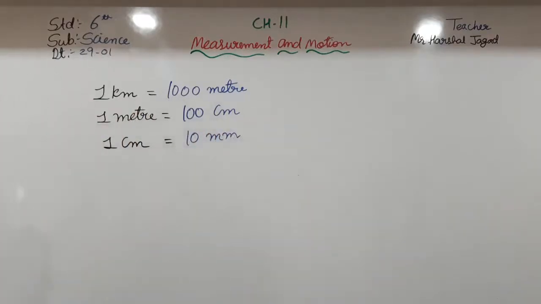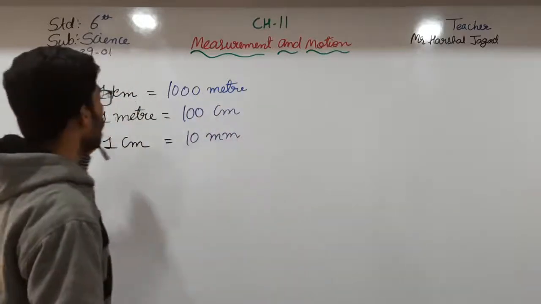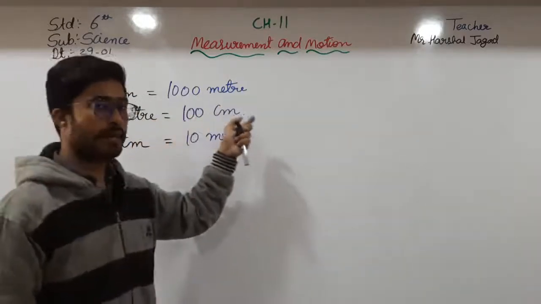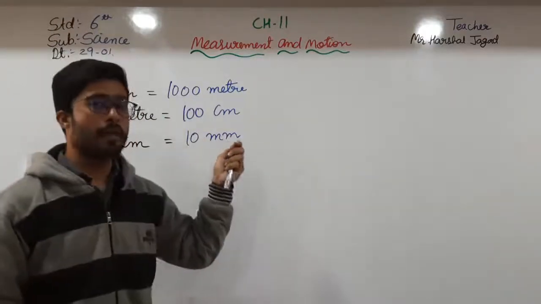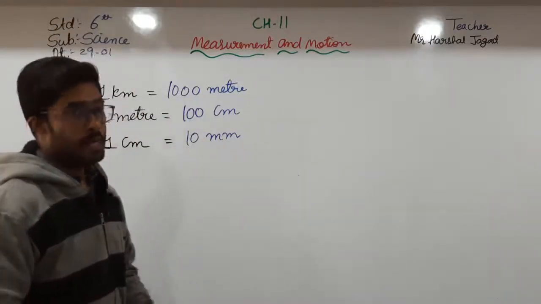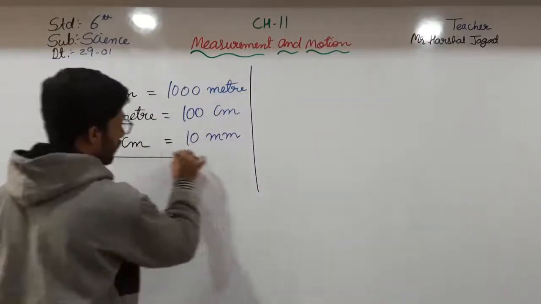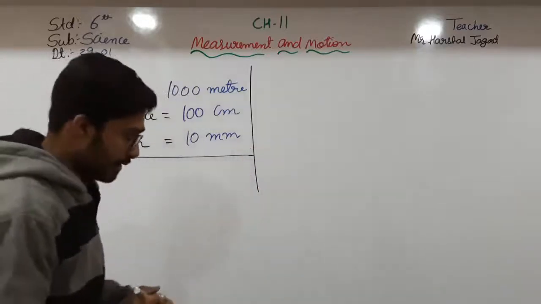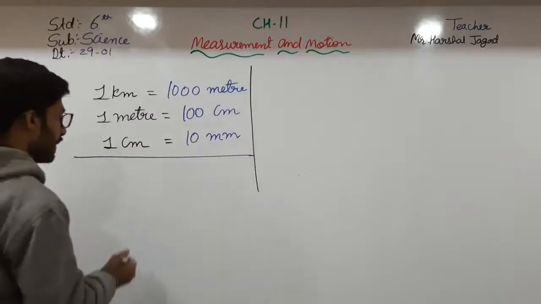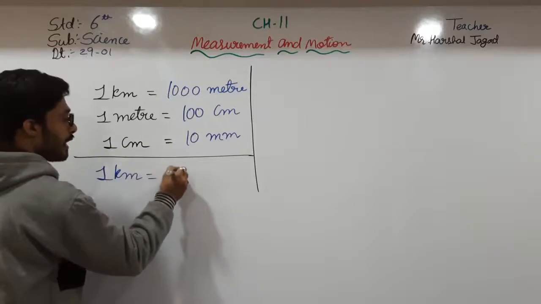Okay students, so 1 kilometer is equal to 1000 meter, 1 meter is equal to 100 centimeter, and 1 centimeter is equal to 10 mm. But what we do here is convert this directly into meter only, because meter is the SI unit of length. So in the table it is given that 1 kilometer is equal to 1000 meter.